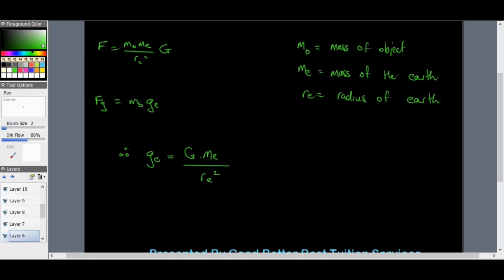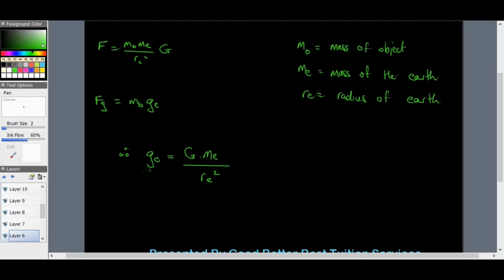From this formula, we can see that little g is independent of the mass of the object. That's why it's the subject of the formula. This proves that all objects, whatever their mass, fall at the same rate, which is 9.8 meters per second squared on Earth.